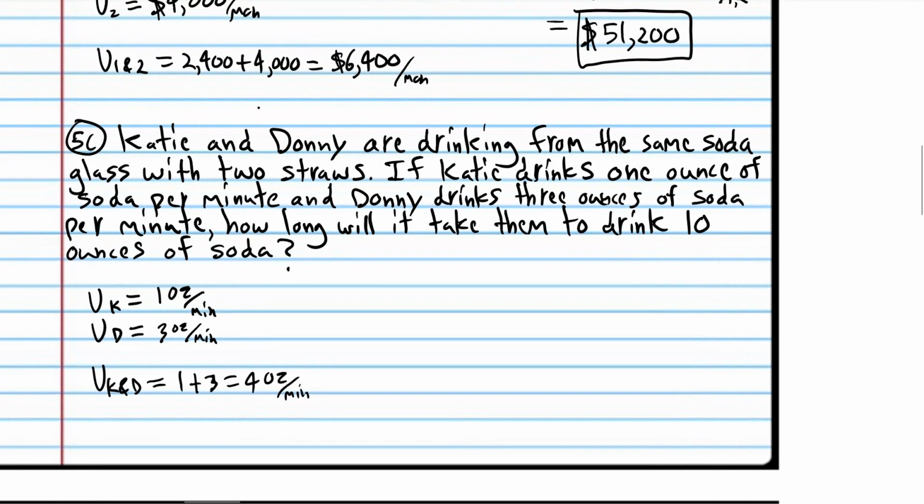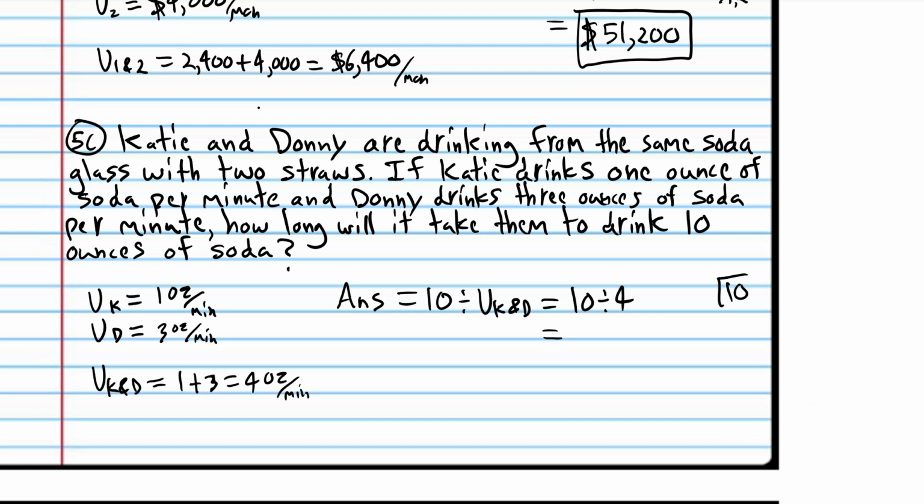You want to figure out how many times 4 goes into 10. You can get an idea of just thinking about it. So the answer is going to be 10 divided by 4. 10 divided by the unit rate for Katie and Donnie. 10 divided by 4. And 4 goes into 10 how many times?